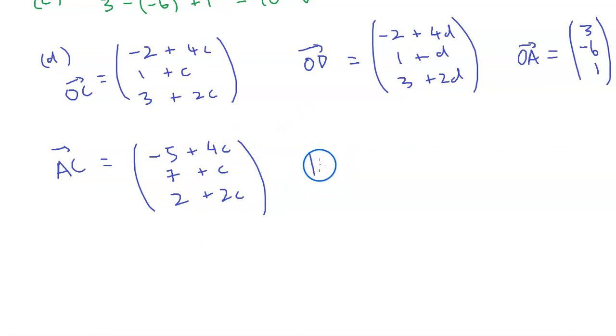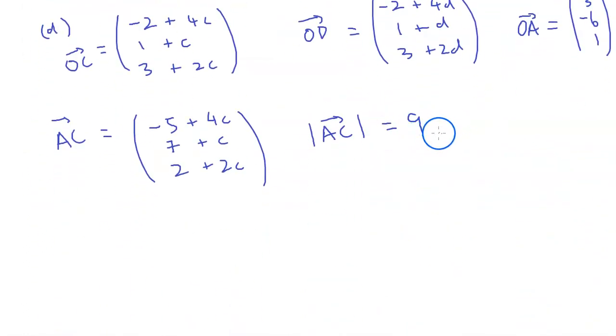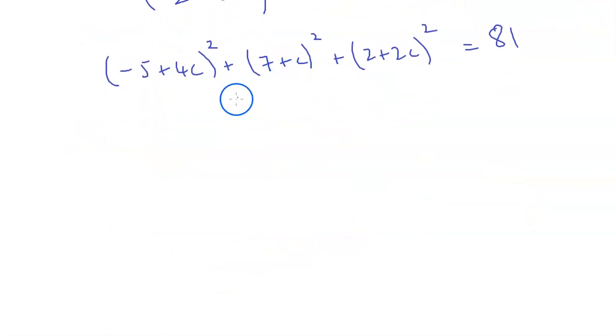We want to calculate the length of this thing. We're told that the length of it is 9, so the length squared is equal to 9 squared, which is 81. So (-5 + 4c)² + (7 + c)² + (2 + 2c)² is equal to 81. From here we're going to get a big long quadratic in c, and we'll find the possible values that c can take.